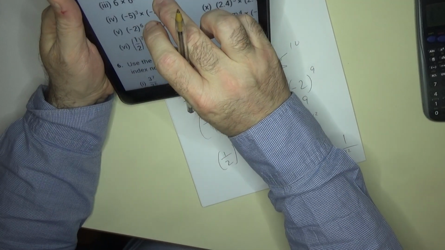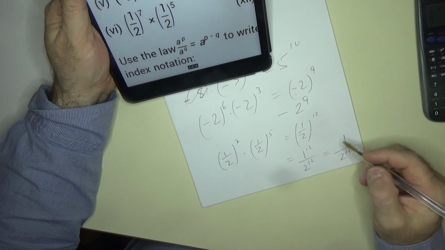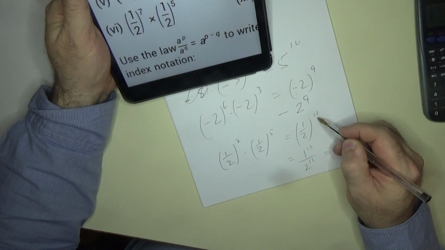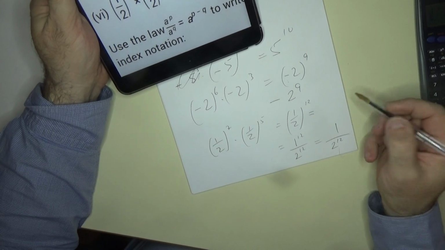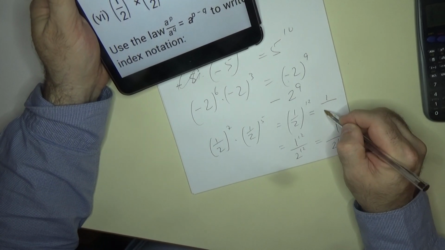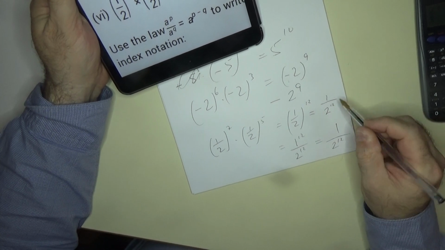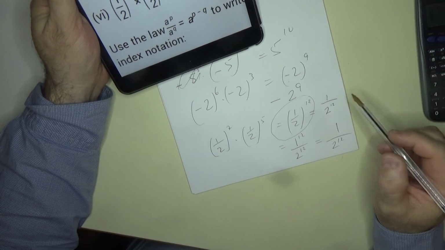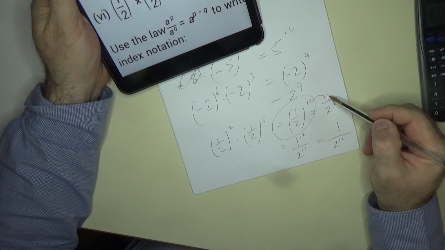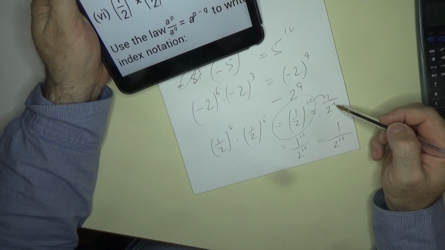They said write the following in index notation, but writing a half to the power of 12 would not be considered to be reduced. Because they say, well, why didn't you reduce it to something much simpler and say it's 1 over 2 to the 12? So this generally will not be accepted as the simplest expression, and in any exam you'll be expected to bring it along as far as this.